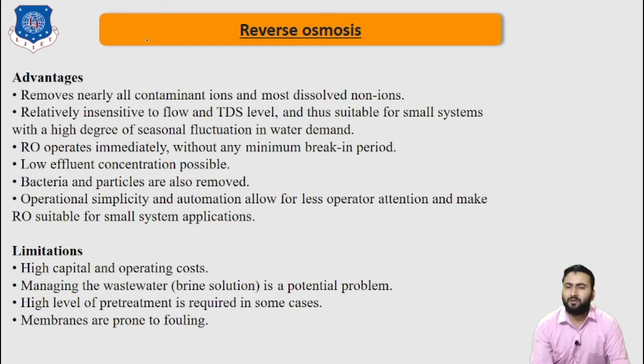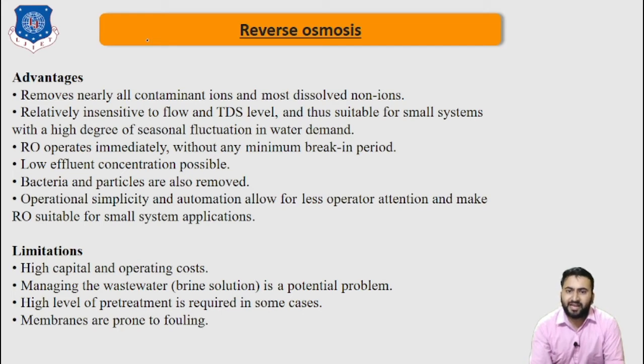That's why we use reverse osmosis at home for domestic purposes. RO can operate immediately without any minimal break-in period. Low effluent concentration is possible in reverse osmosis. Bacteria and viruses are mostly removable from the water.